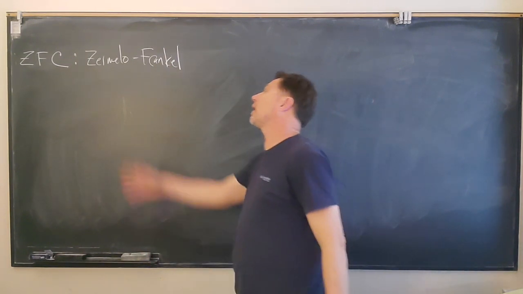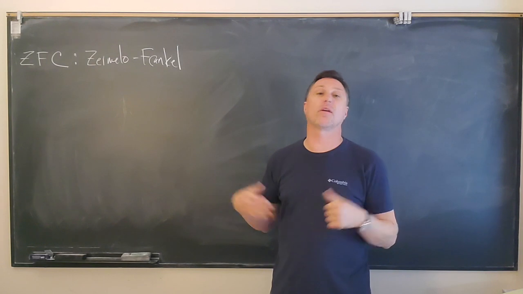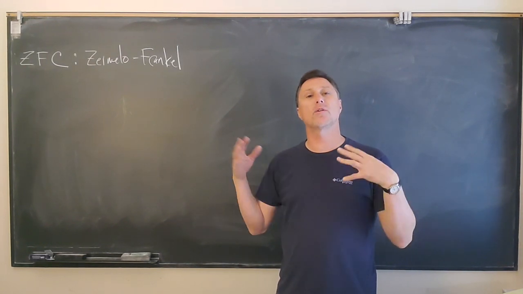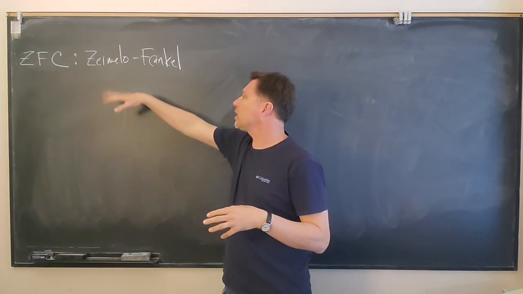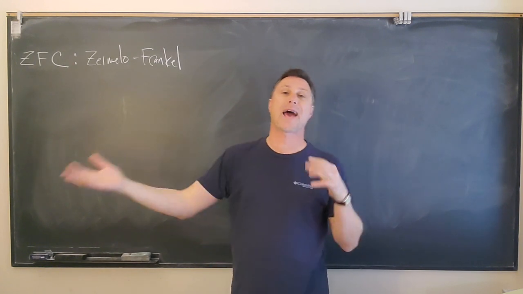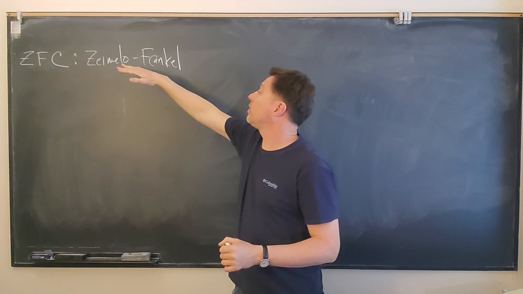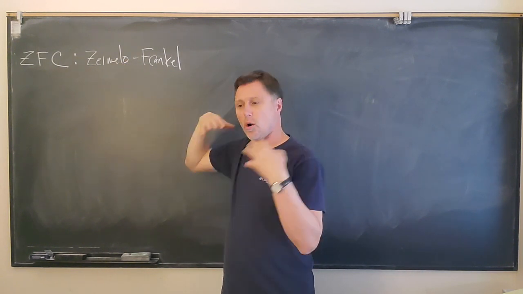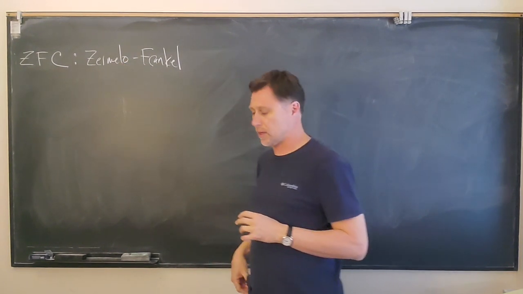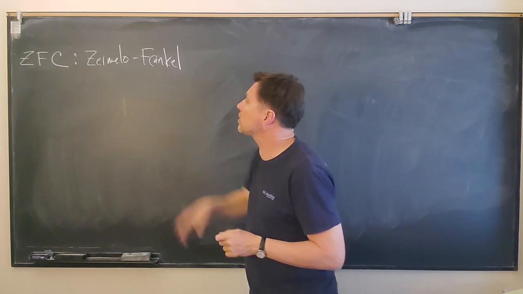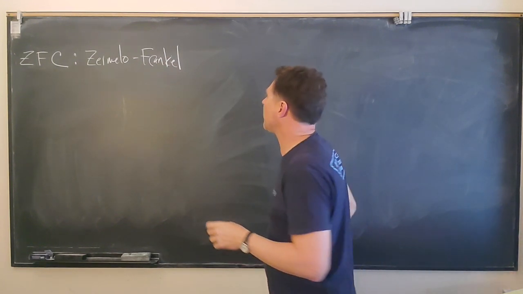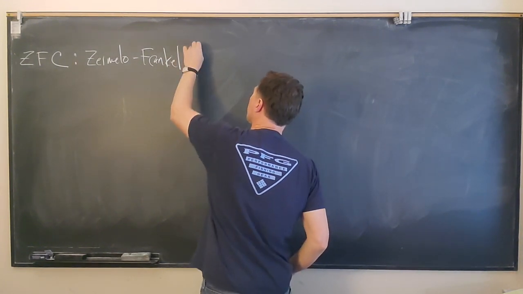For example, one of the axioms essentially says there exists an infinite set, right? So the axioms of set theory get the ball rolling when it comes to sets. They tell us how to make unions, how to form sets, and so on. And so the axioms of set theory are essentially what our mathematics is based on. So that's the ZF. There's also one additional axiom called the axiom of choice.